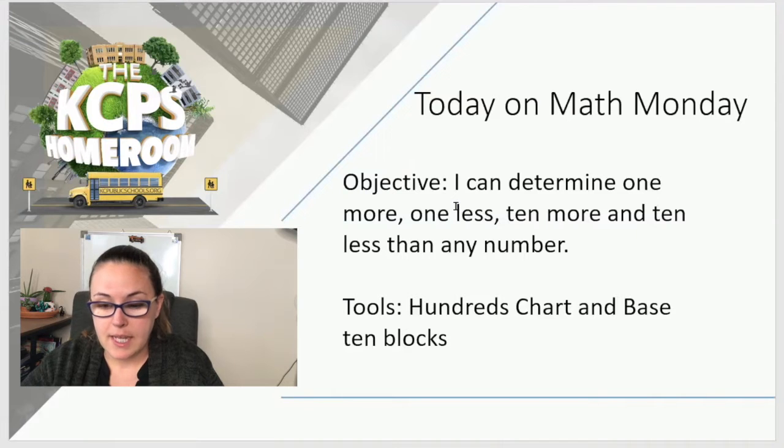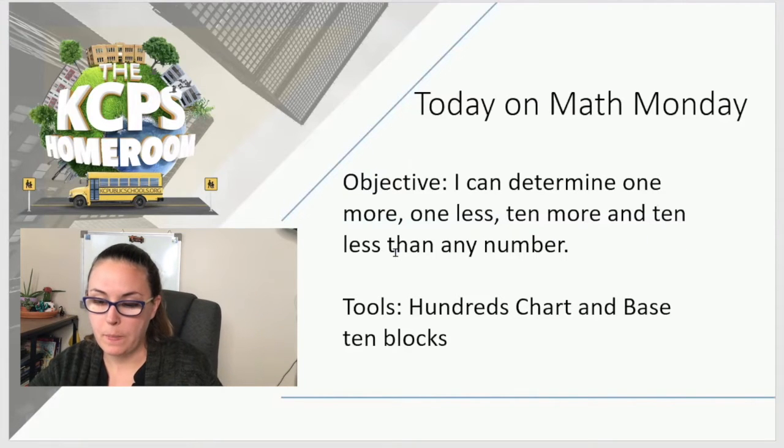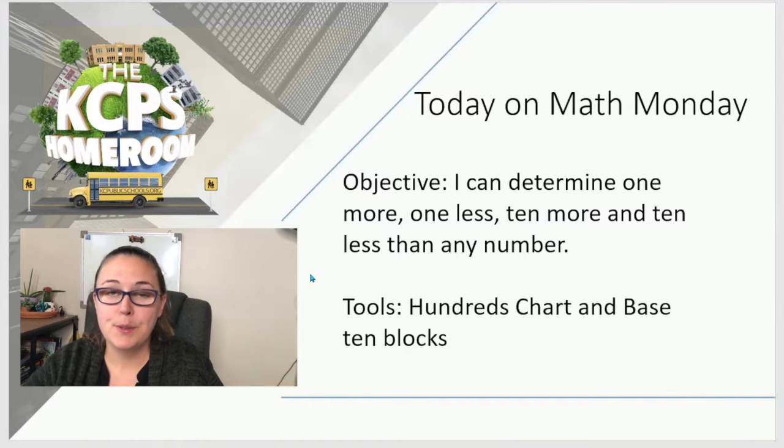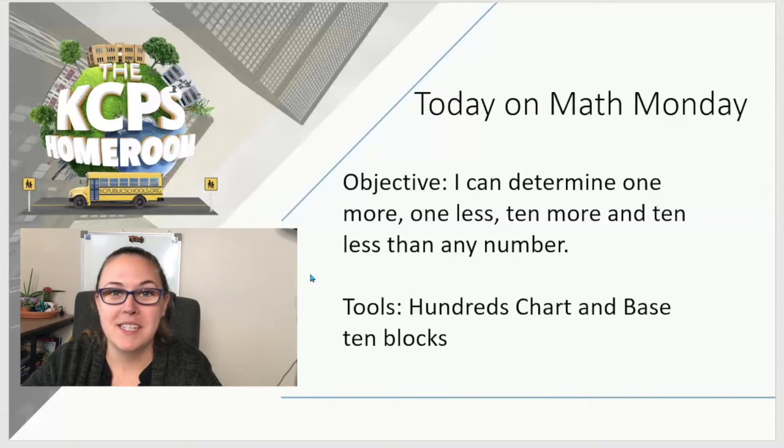So our objective today is I can determine 1 more, 1 less, 10 more, and 10 less than any number. By the end of this lesson today, you should be able to think of any number and be able to tell me what is 10 more than that number, what is 10 less than that number, what is 1 more than that number, and what is 1 less than that number.